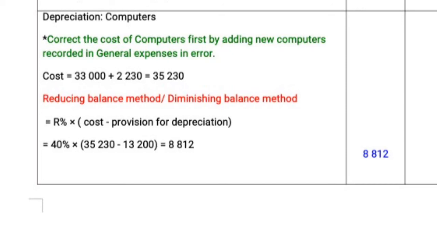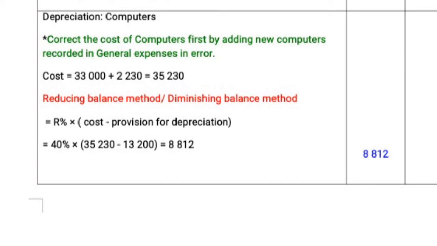The revised cost after adding the computers which were treated as general expenses is 35,230 minus the provision for depreciation for computers, given at the end of the trial balance as 13,200. So 35,230 minus 13,200, you get 22,030. Then you have to multiply by 40%. You get 8,812, which is your depreciation.